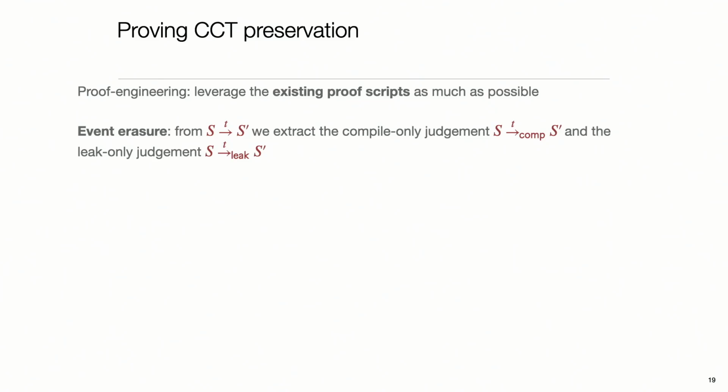So we have a single semantics, but where traces consist of external events and leakages. But from this semantics, we can define an extraction in order to get either the compile-only judgment, the same judgment we had with only CompCert, and on the other hand, the leak-only judgment, where we need to prove the isConstant property.